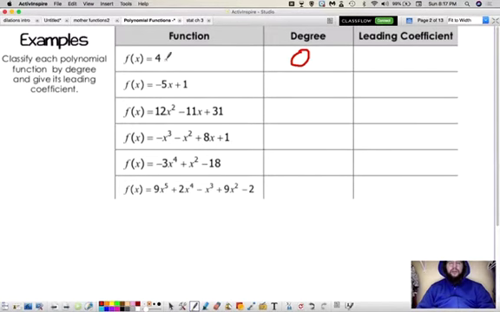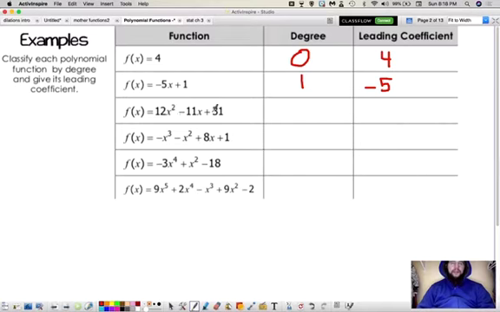It's the only one here, so it's 4, obviously. Now this one is linear, that's correct, but what is the degree? The degree is 1. What's the leading coefficient? -5. Do not forget your negative. That is paramount.